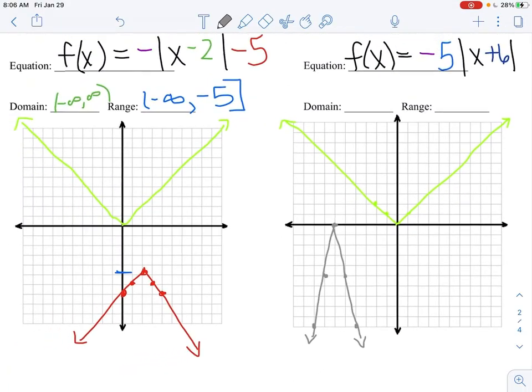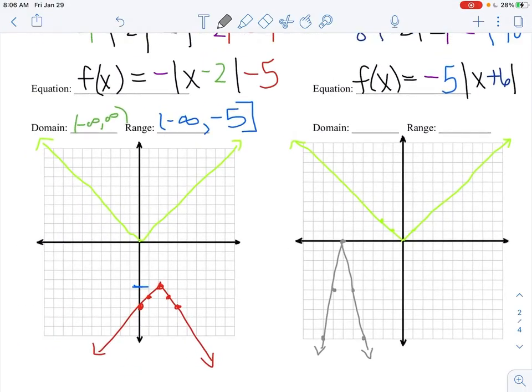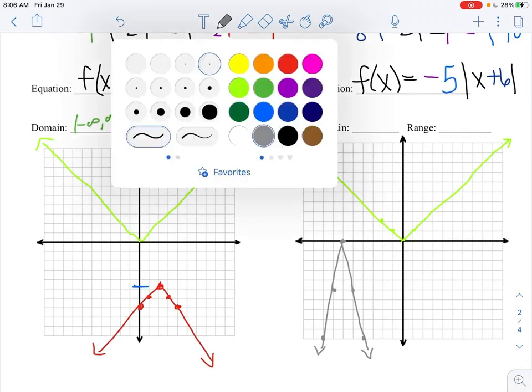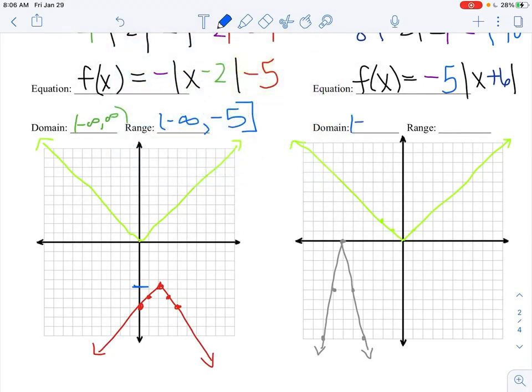Isn't that kind of cool? Just stretched it down. So, our domain, left to right, -infinity to infinity.